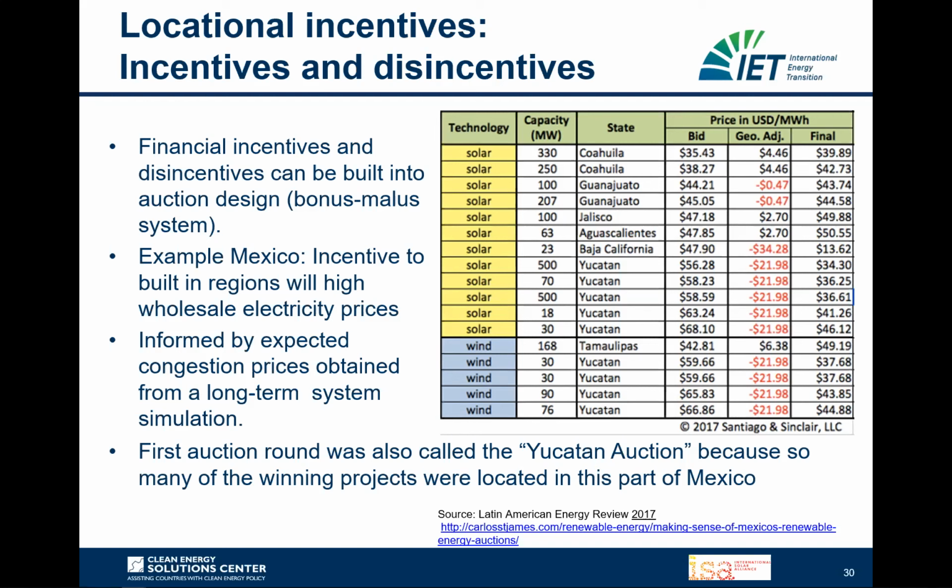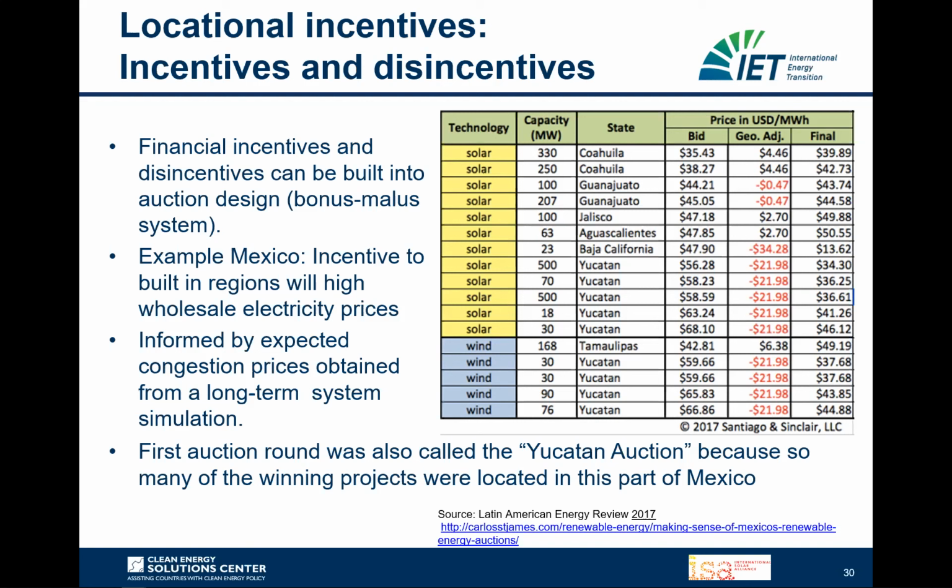The bonuses or maluses that were applied were actually informed by long-term system simulation, and then also to understand where congestions within the grid will take place and where this might also lead to higher prices because of a lack of transmission grid.